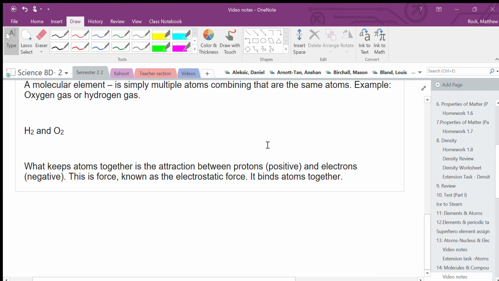But quite simply, what binds an atom together is this attraction between protons and electrons. So always remind yourself that protons are positive and electrons are negative. So what keeps an atom together is the attraction between a proton and an electron.